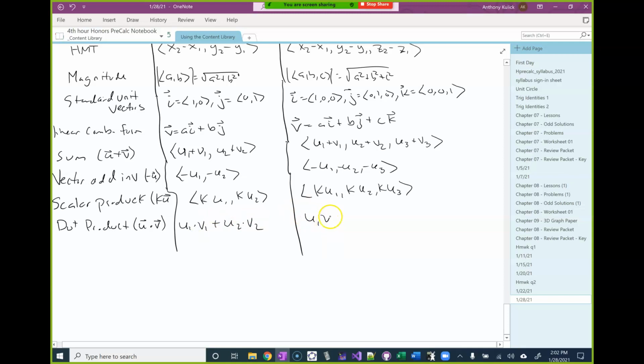Dot products. And all the dot product properties obviously still hold in 3 dimensions. There's nothing dimension specific about those.